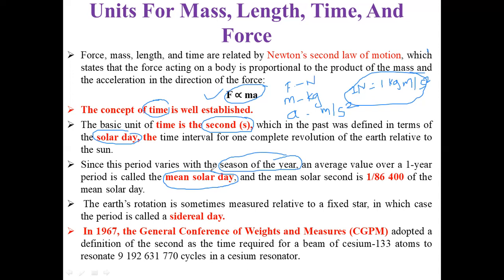And the mean solar second is given by 1 by 86,400 of the mean solar day.